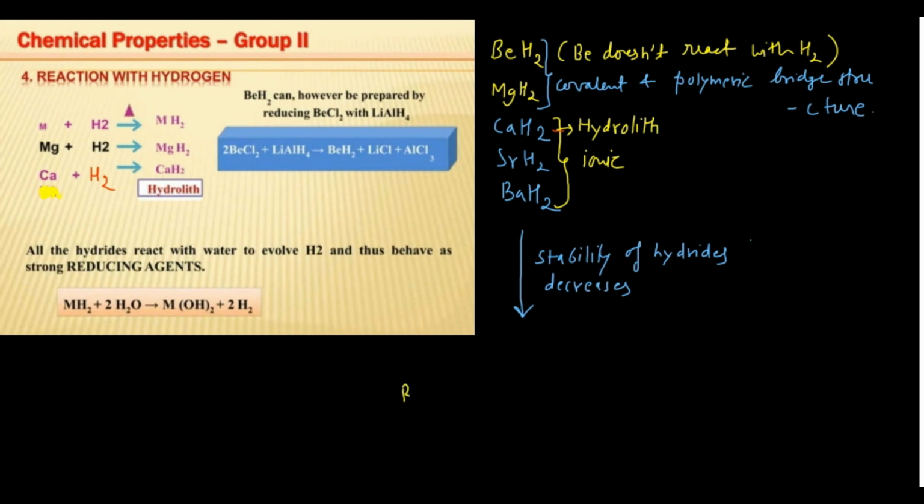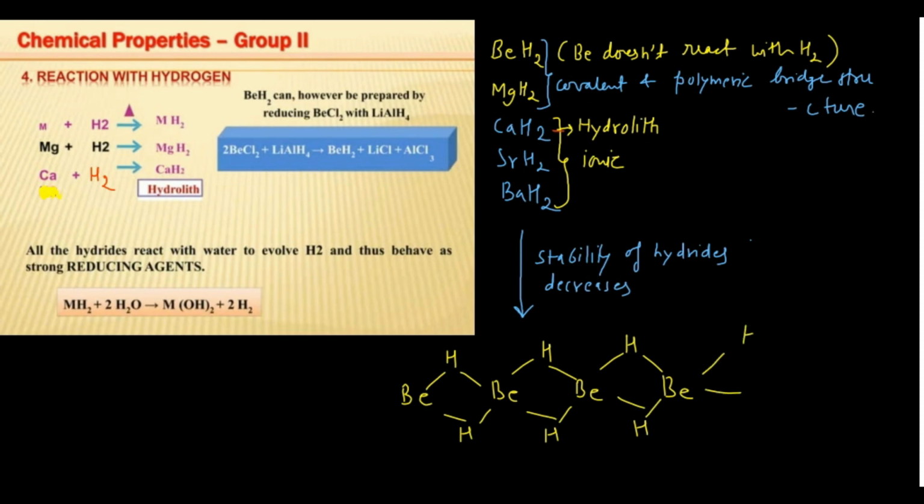You have this beryllium, and again you have this beryllium, and say you have the polymeric chain of beryllium like that. So what you can do, you can place hydrogens in the middle of the two beryllium atoms, and then connect them to get the bridged structure. So this is hydrogen, this is hydrogen, this is hydrogen, and this is hydrogen. So it's a polymeric structure.